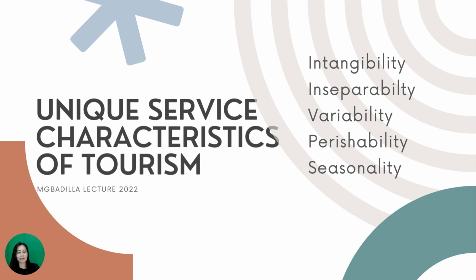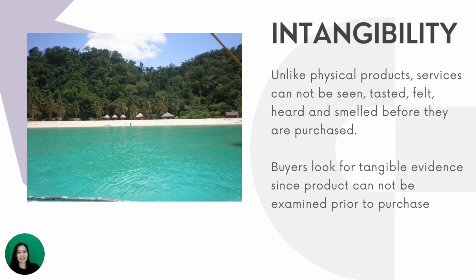So when we look at the unique characteristics of the tourism product, we look at it in 5 perspectives. Oh, actually, that's 6. You have intangibility, inseparability, variability, perishability, seasonality, and substitutability. So let's discuss each one one by one.